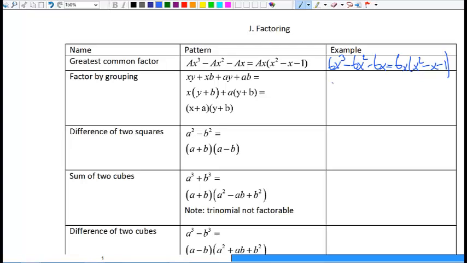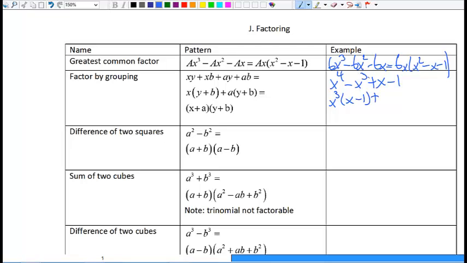So something that we could apply this to: x to the fourth minus x cubed plus x minus 1. If I look at the first two terms, I see that I can take out an x cubed, and that'll leave me with x minus 1.